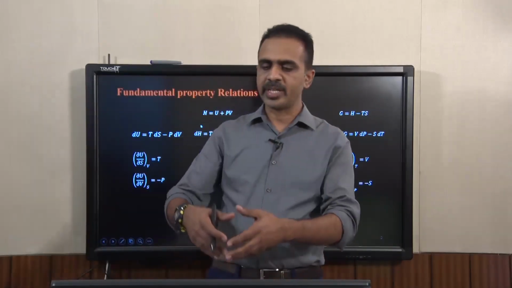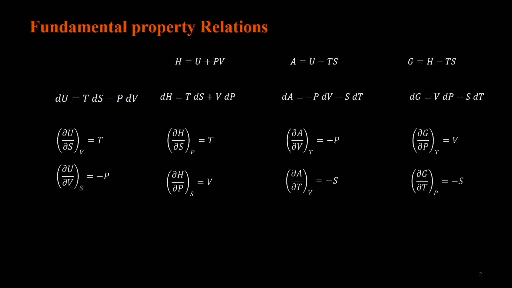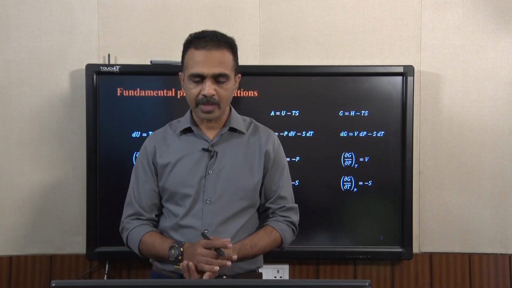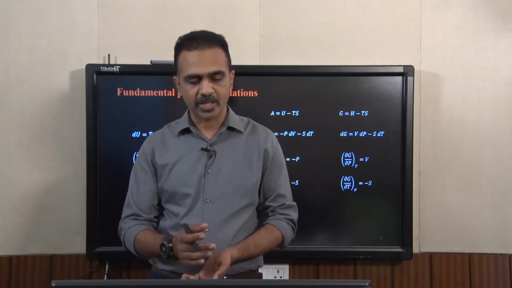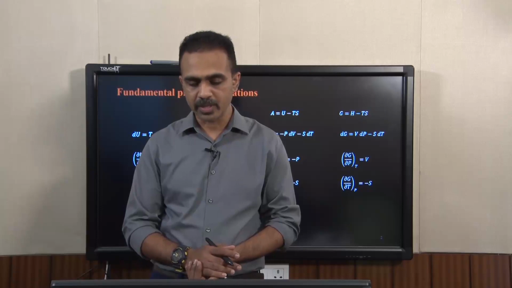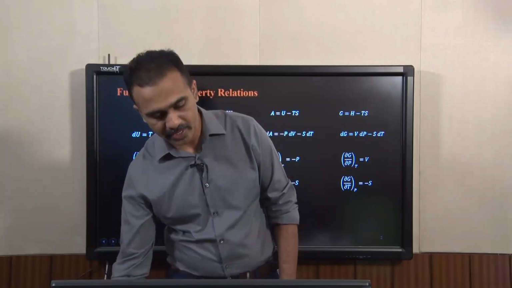To begin with, let's quickly summarize what we have done so far. We defined a variety of thermodynamic properties: enthalpy, Helmholtz free energy, Gibbs free energy, how these changes are dependent on one another, and the derivatives or partial derivatives for these variables in terms of other thermodynamic quantities.